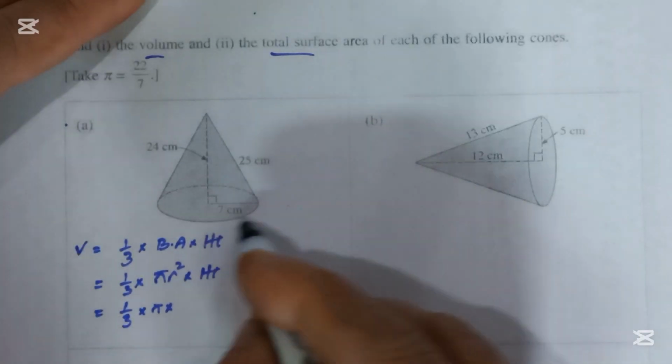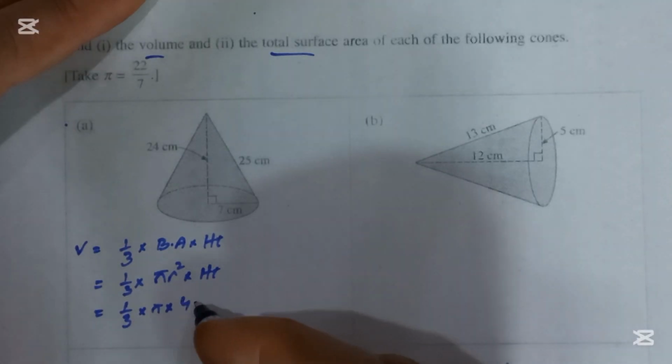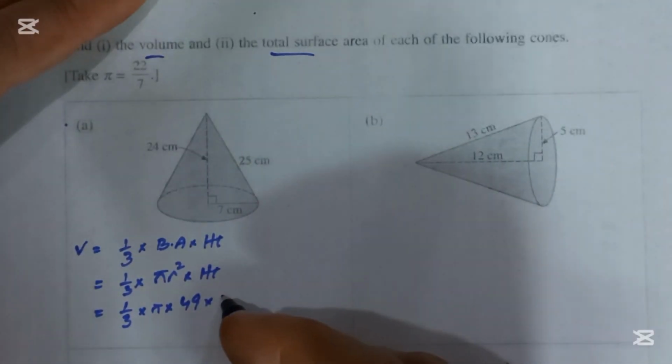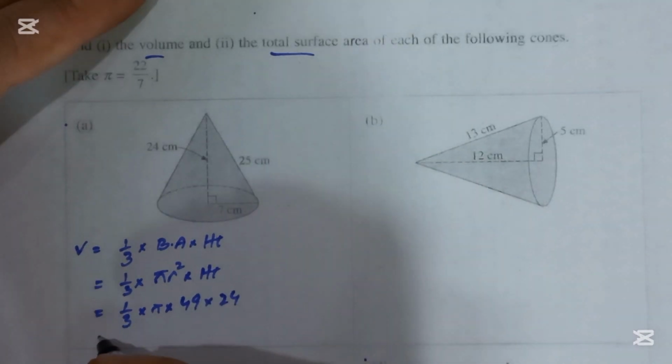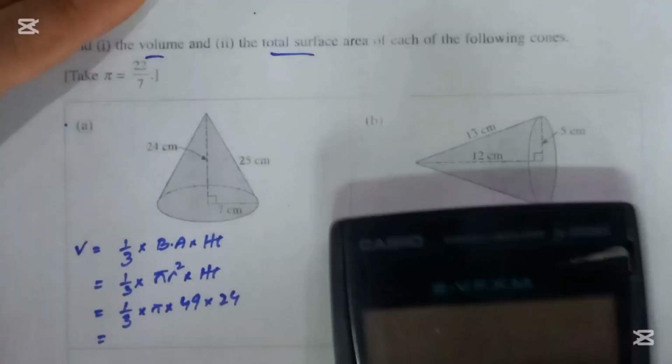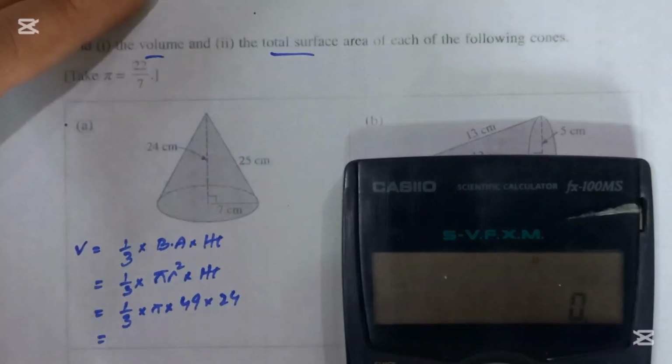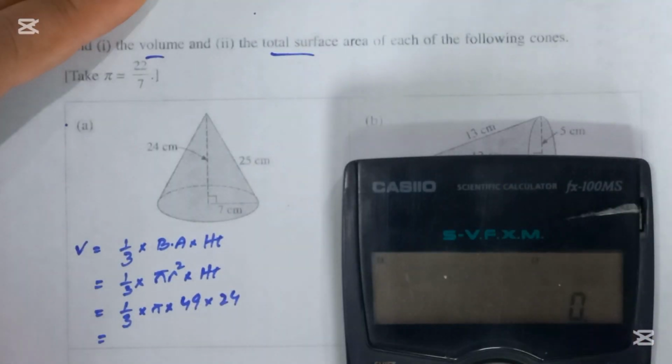Now we will put values in this formula. R is 7, so 7 square will be 49, and height is 24. At this point we will use the calculator. So pi multiplied by 49 multiplied by 24, divided by 3.